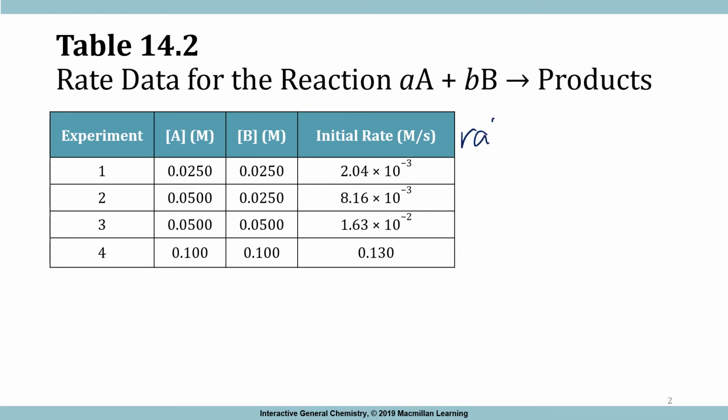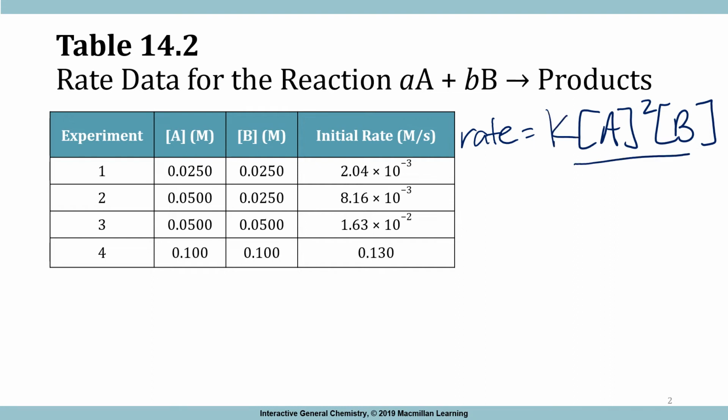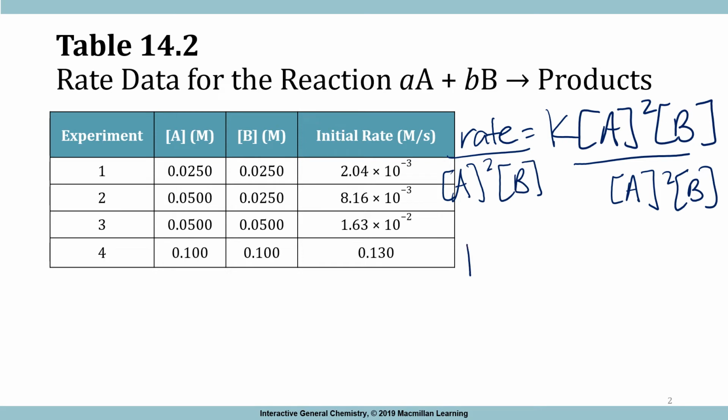We discovered that the rate law is equal to K times A squared times B. And I want to isolate K and get it by itself, so I'm going to divide by the concentrations on both sides. So that gives me K is equal to rate divided by A squared times B.